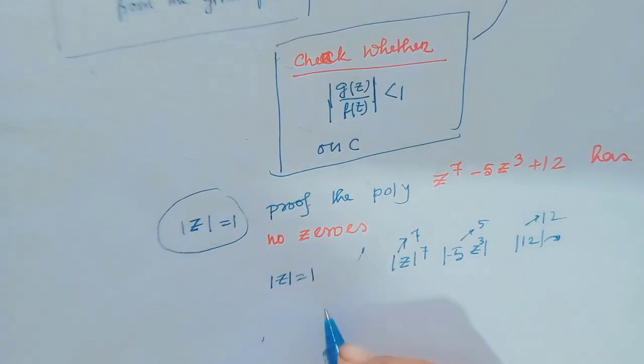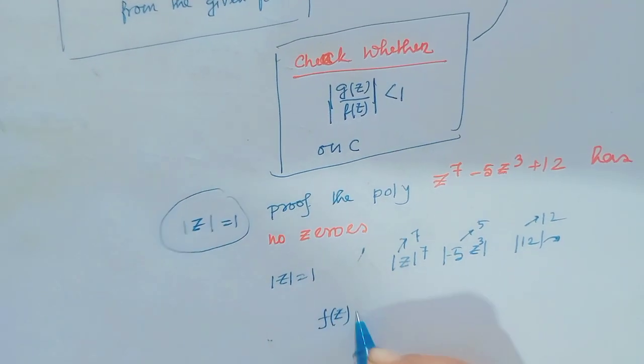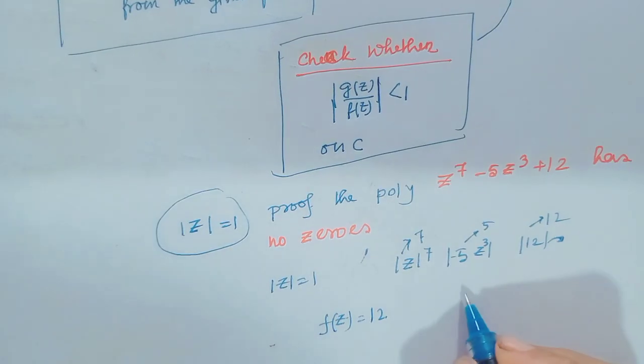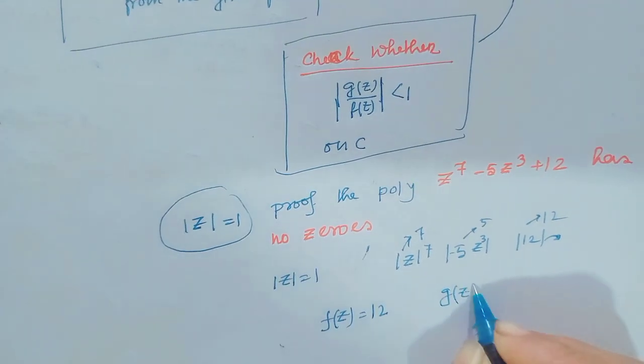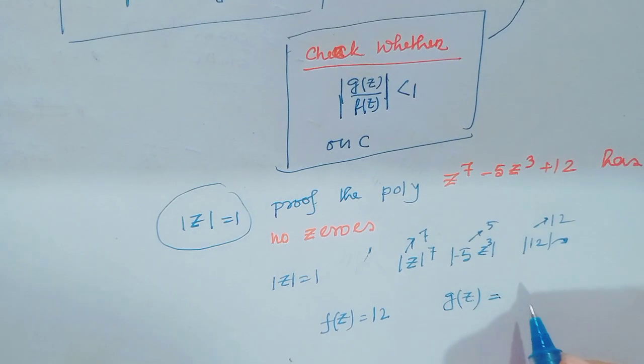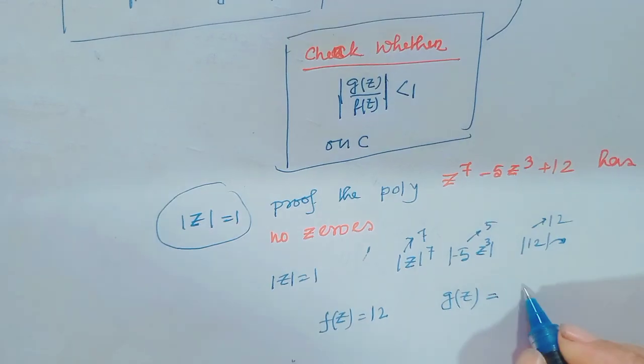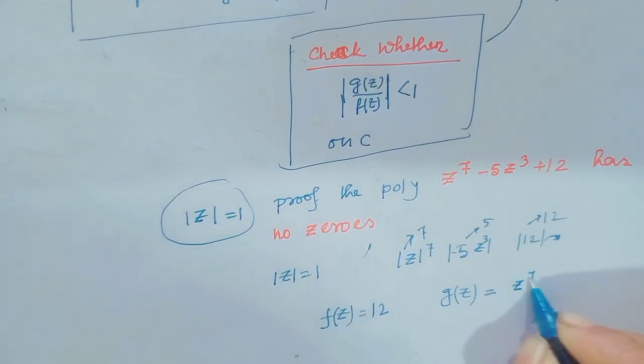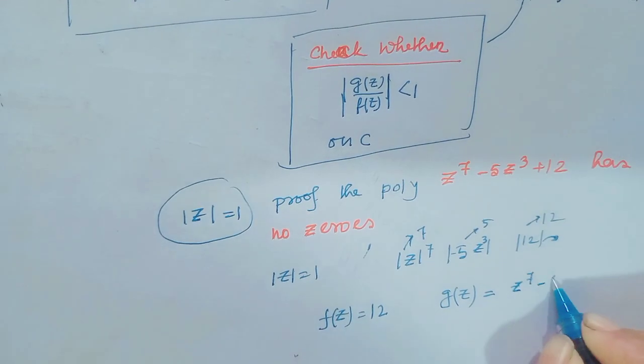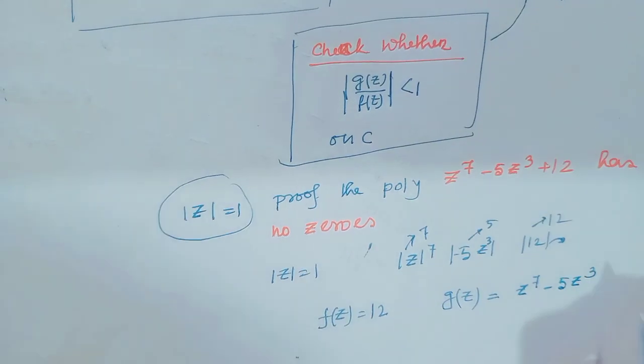Therefore consider f(z) equal to 12 and g(z) equal to z to the power 7 minus 5z cube.